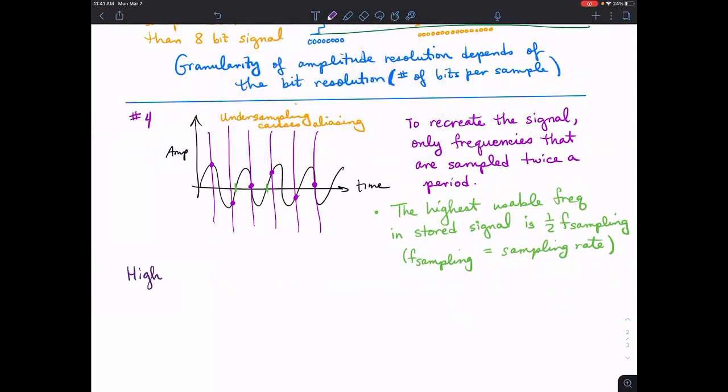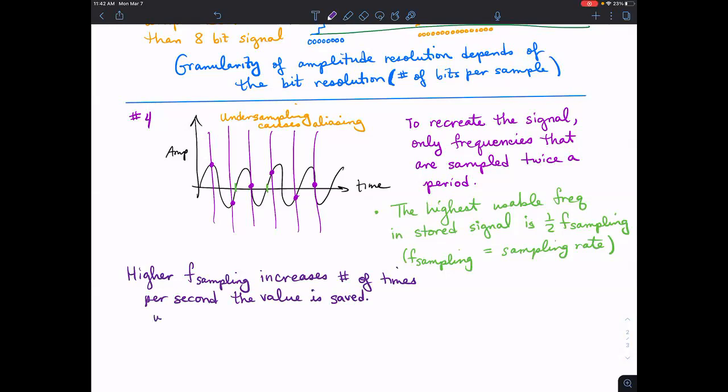Higher sampling rate increases the number of times per second the value is saved, which increases the file size because you just saved more points, right?